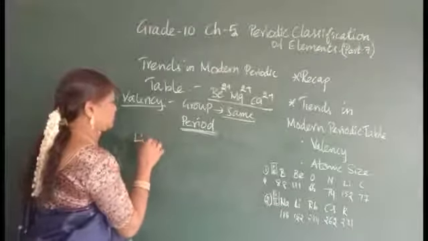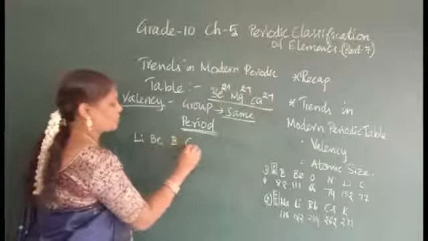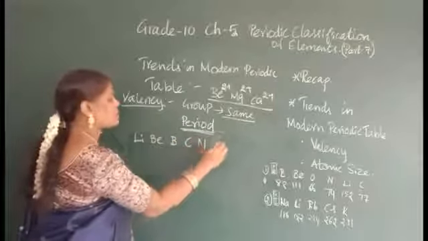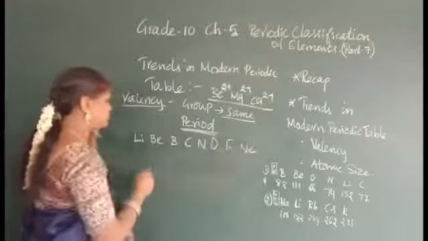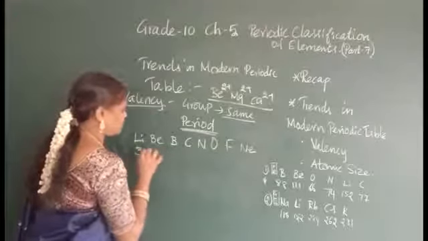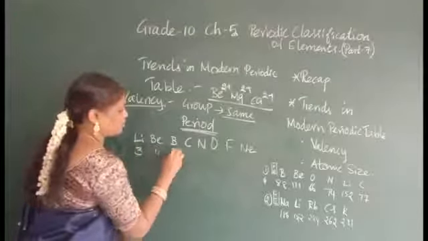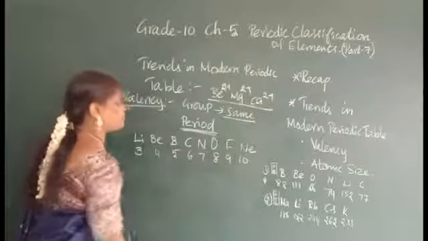Lithium, beryllium, boron, carbon, nitrogen, oxygen, fluorine, neon. The atomic numbers will be 3, 4, 5, 6, 7, 8, 9, 10.